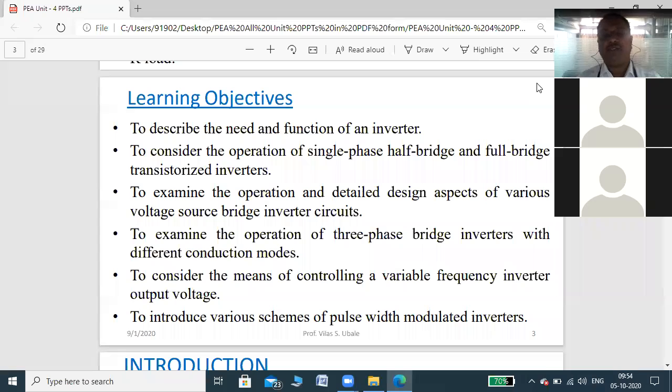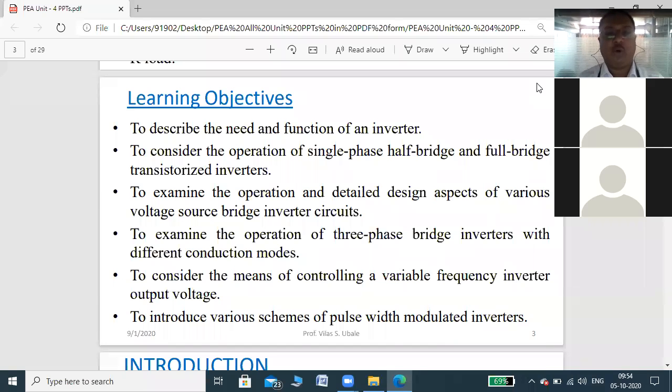We have to learn the various design aspects of voltage source bridge inverter, because there are two types of inverters. We will see that in classification, that is called voltage source inverter and current source inverter. So current source inverter is normally not used, and even that is not given in your syllabus. So voltage source inverters are mainly used, which is a part of your syllabus. So we'll see that one.